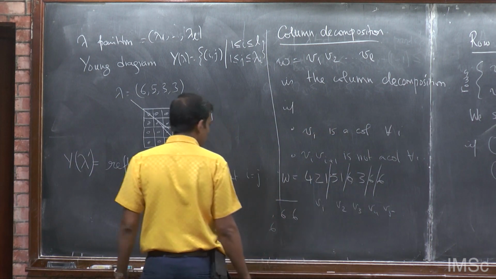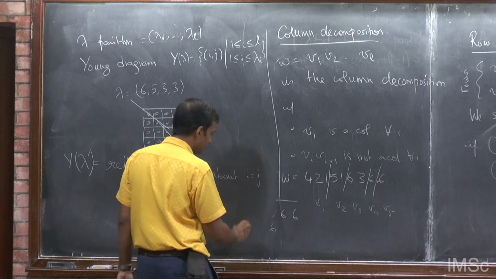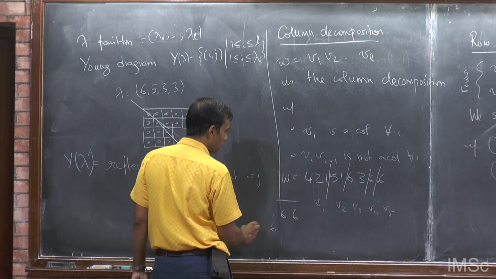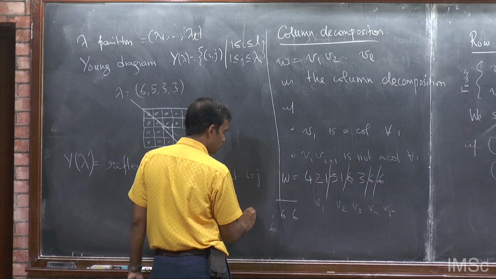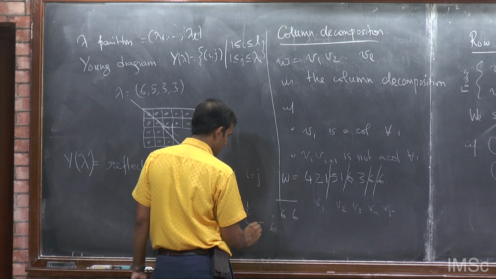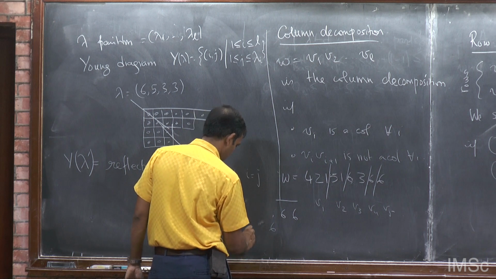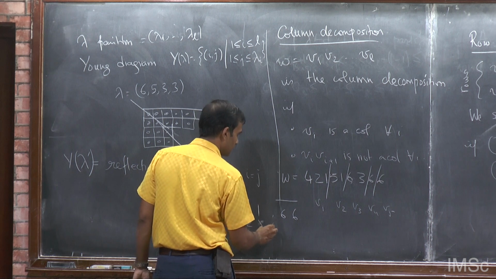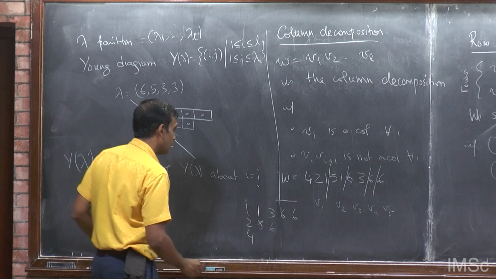And so now, I had this thing here: 4, 2, 1, 6, 3, 6, 6.